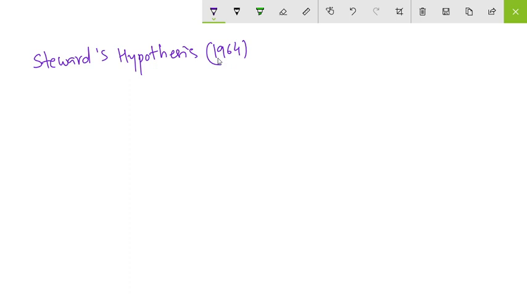This theory is also a starch and sugar interconversion theory, but it is modified.